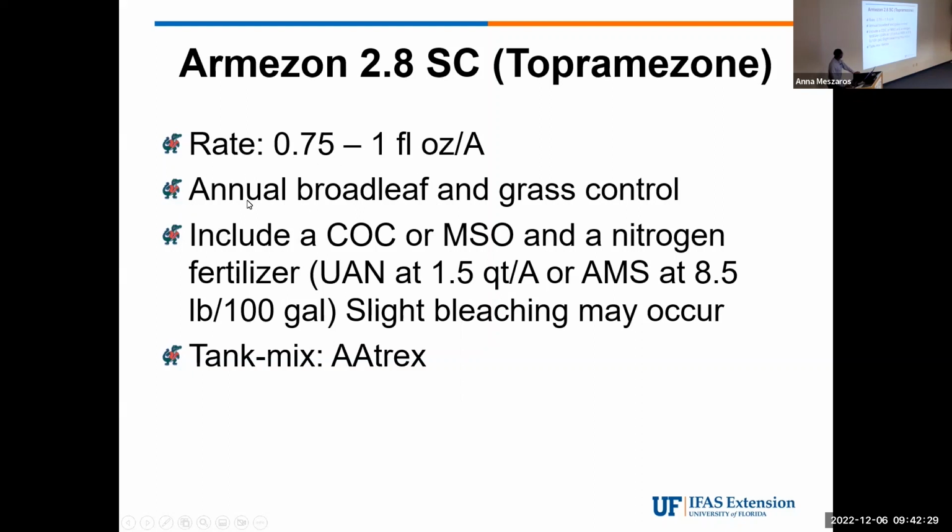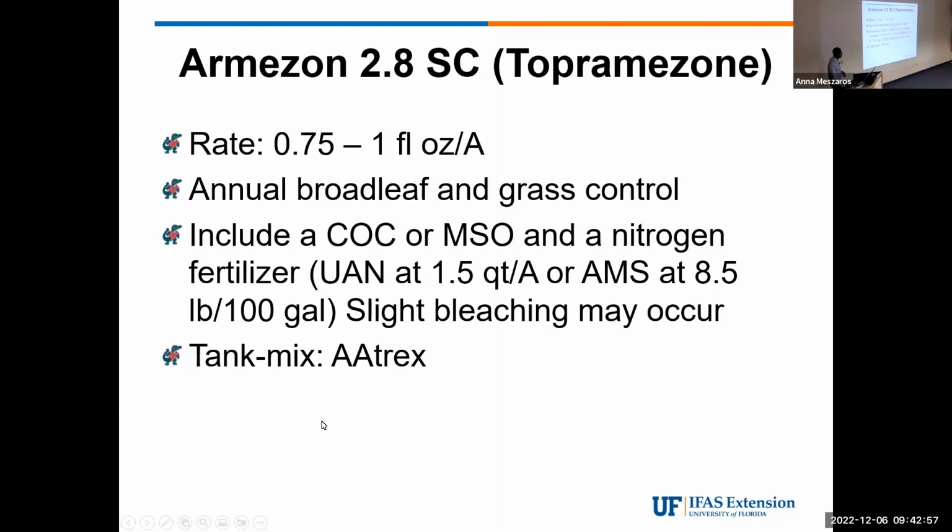It's very good for annual grass and broadleaf weed control. And it's usually good to mix it with a crop oil concentrate, mostly an MSO, and it's usually good to put in some nitrogen fertilizer like urea ammonium nitrate or AMS to enhance the activity. There might be some slight bleaching, but usually rarely. But a good tank mix with that would be atrazine too.